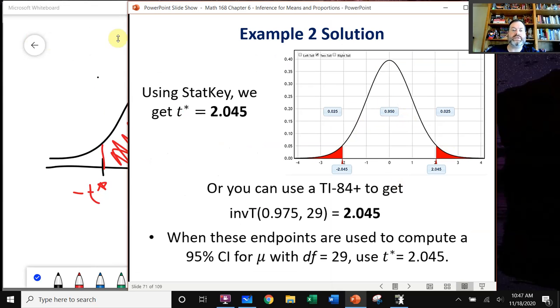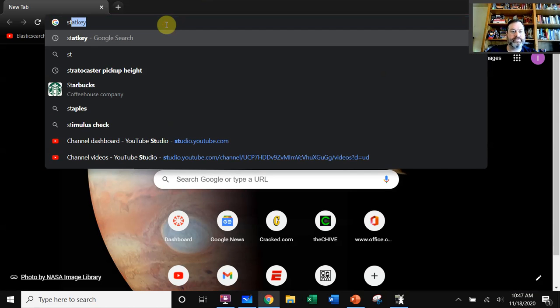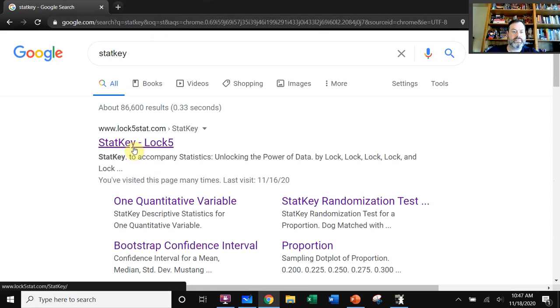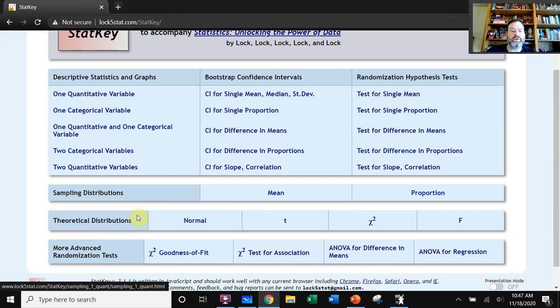You can go into stat key, and it's exactly the same as what you did with the inverse normal, right? Here, I'll show you. It's in theoretical distributions, T. The instructions are in the PowerPoints, but I'll just show you.